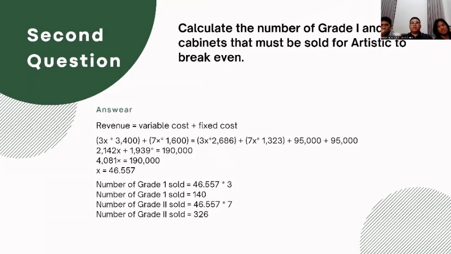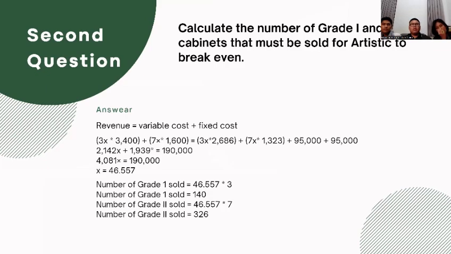Next, the second question is calculate the number of grade 1 and grade 2 cabinets that must be sold for Artistic to break even. So the answer is revenue equals variable cost plus fixed cost, and this is the equation.